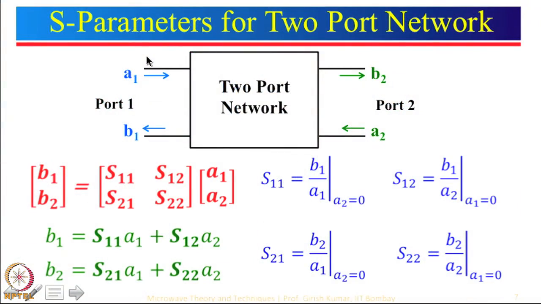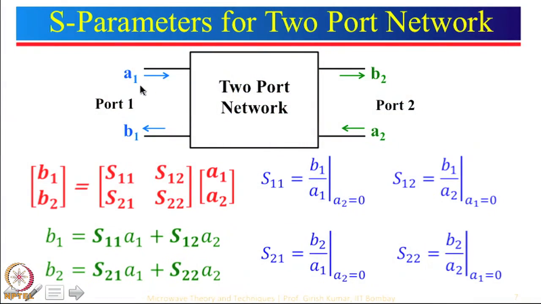Here we have defined S parameters for 2-port network, but by the way S parameters are valid for N-port network also. Just to tell you that ABCD parameters are defined only for 2 ports, but S parameters are defined for N port. But for simplicity, let us just take 2 port and then we will extend this concept to N ports. So let us see what we have here. So here A1 is the incoming wave.